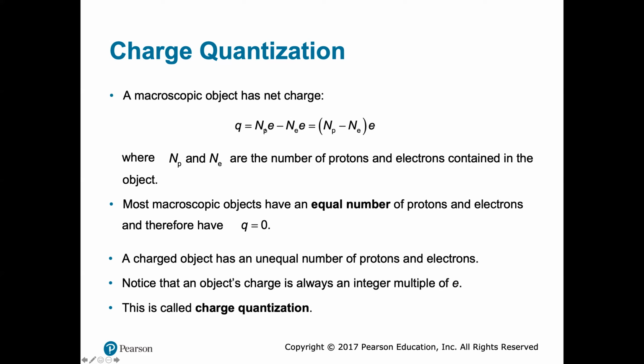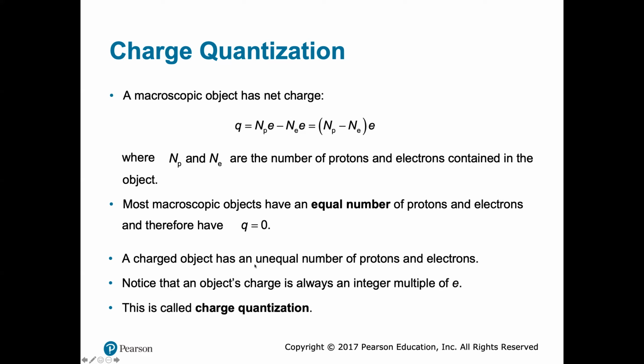So the total number of protons minus the total number of electrons, times the charge unit, gives you the total charge of your object or material. Most macroscopic objects have an equal number of protons and electrons. Therefore, such an object is neutral, and the net charge Q is 0.